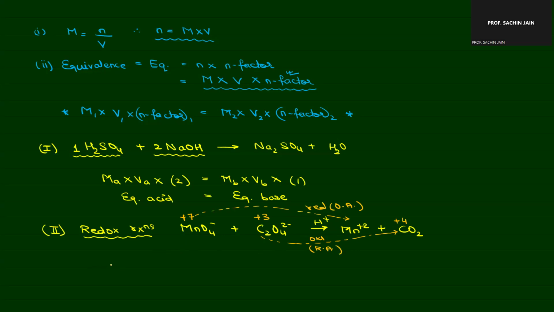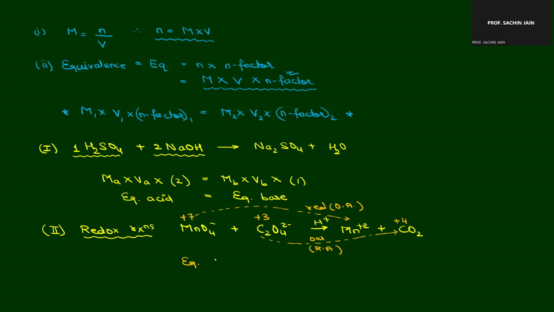So at the point of completion of reaction or at the end point, I can say equivalence of the oxidizing agent is equal to equivalence of the reducing agent, meaning the equivalence of permanganate MnO4⁻ is equal to equivalence of oxalate C2O4²⁻.